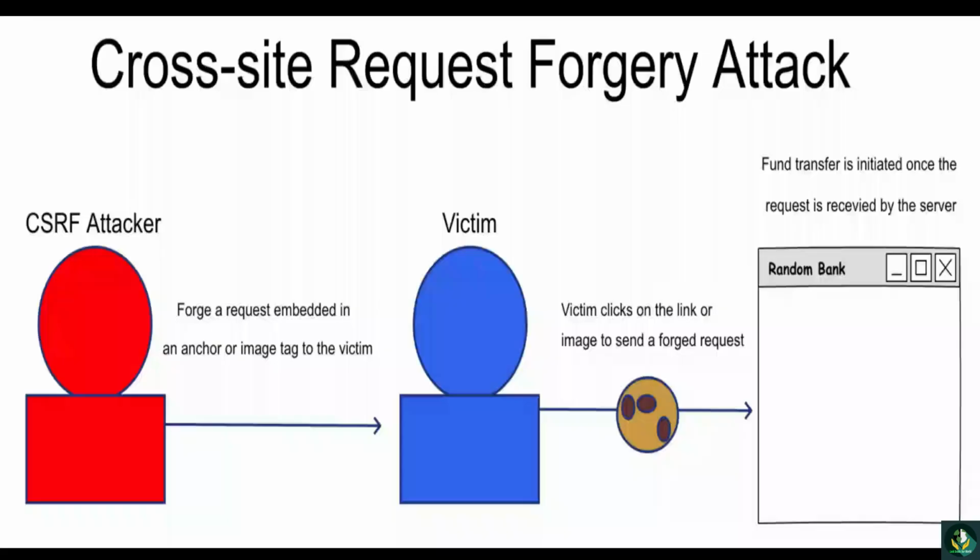Hey there. So let's talk about cross-site request forgery attack. Have a look at this picture. CSRF attacker forged a request embedded in an answer or image tag to the victim, and the victim clicks the link or image to send a forged request.